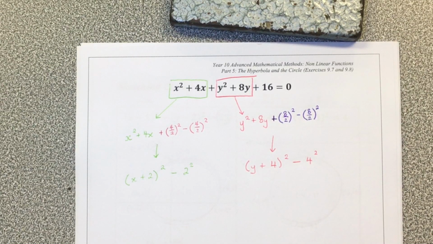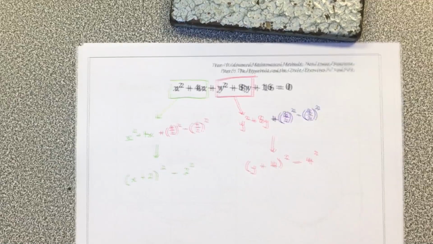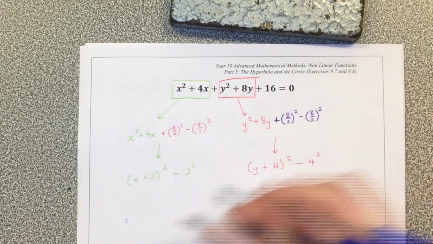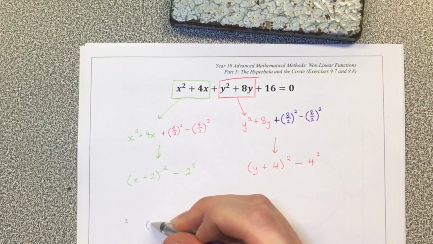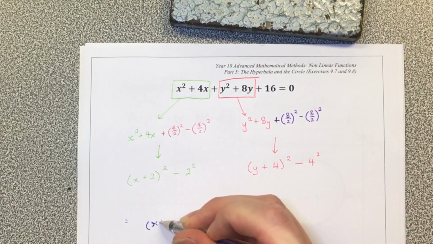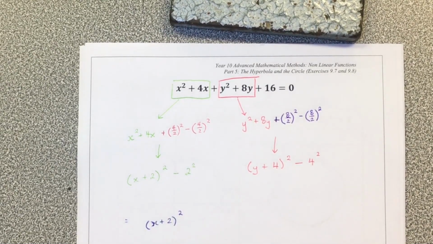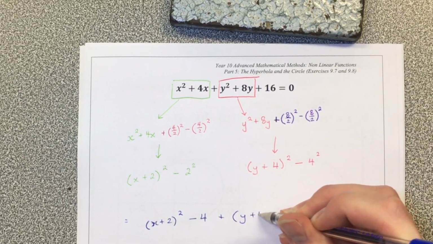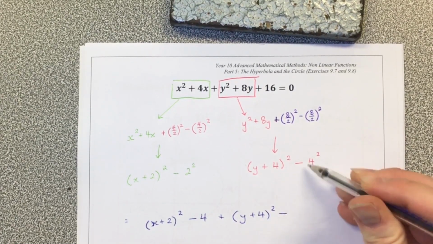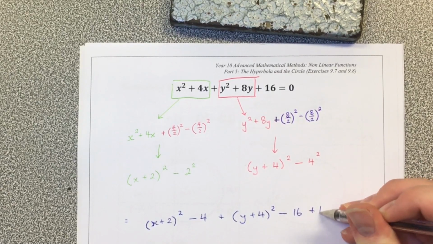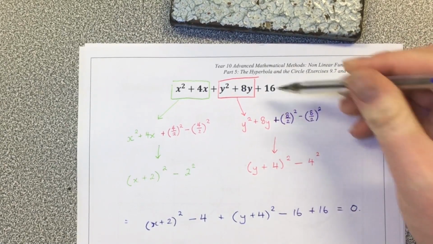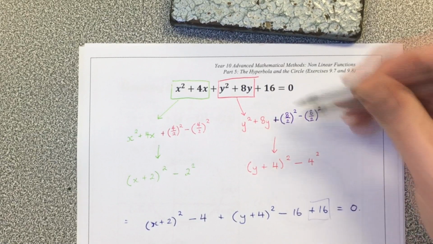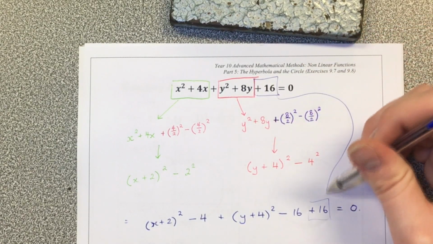Similarly over here. So now, my equation should now look like x plus 2 squared minus 4 plus y plus 4 squared minus 16 plus 16 equals 0, because that's where this plus 16 came from, this one up here.